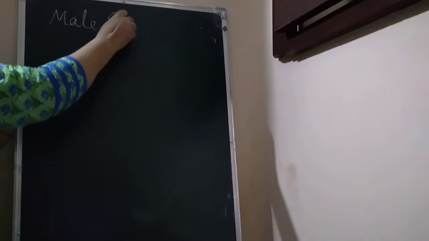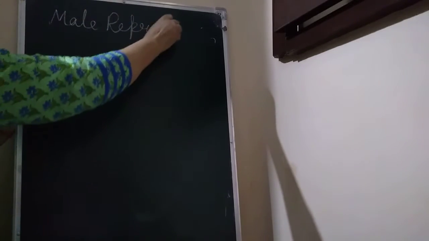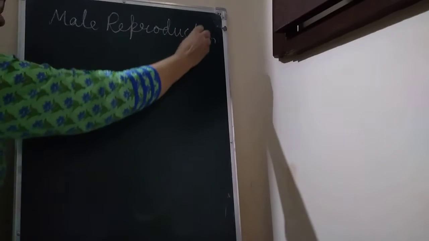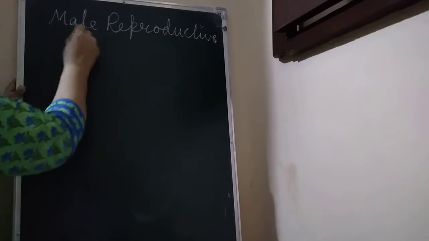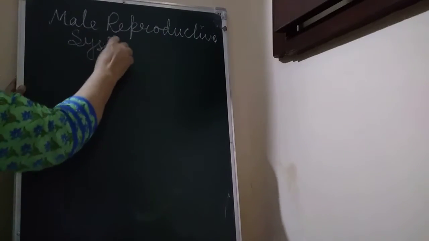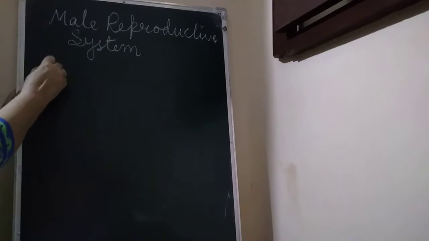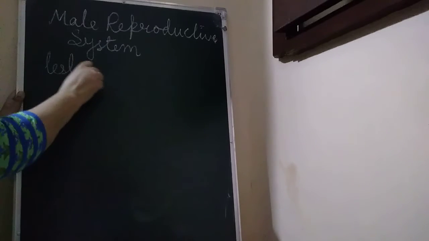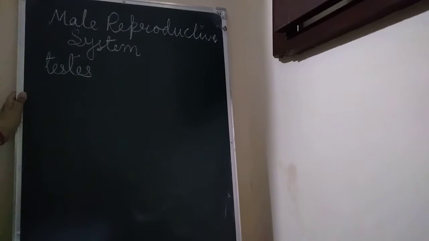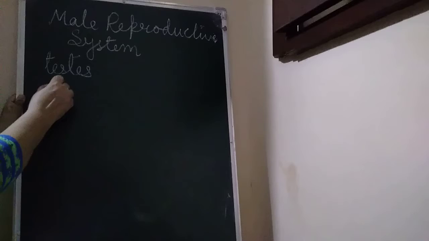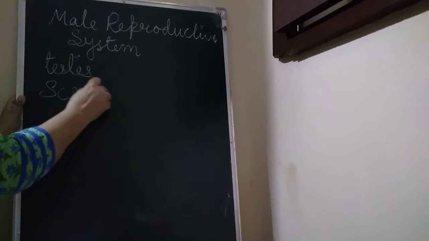Male reproductive system. In male, the reproductive organs are a pair of testes. They are located outside the abdominal cavity in a sac that is known as scrotal sac.